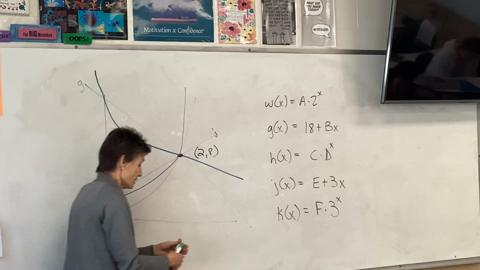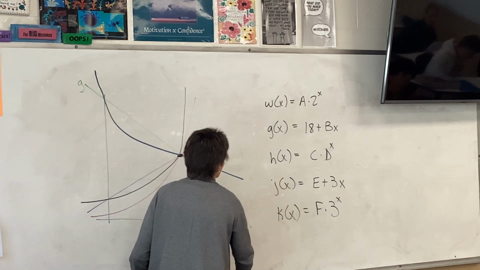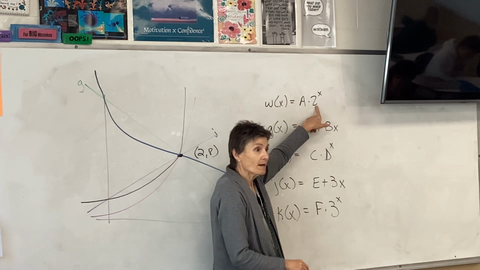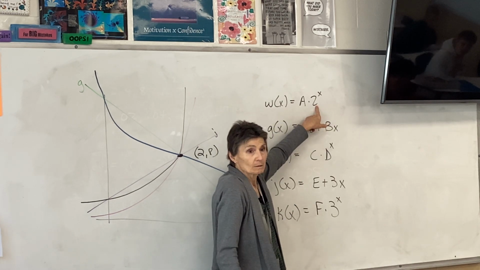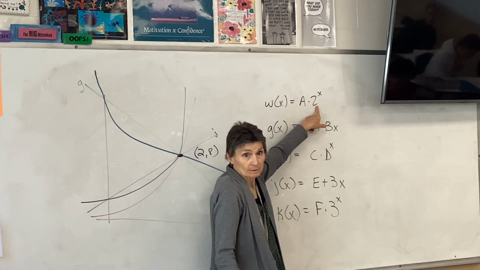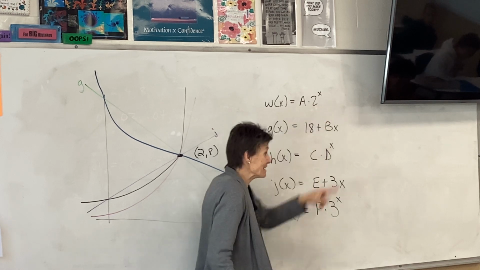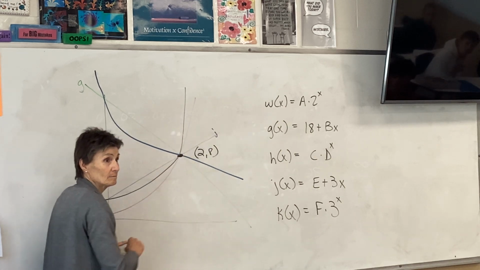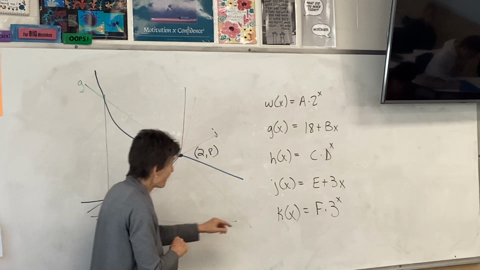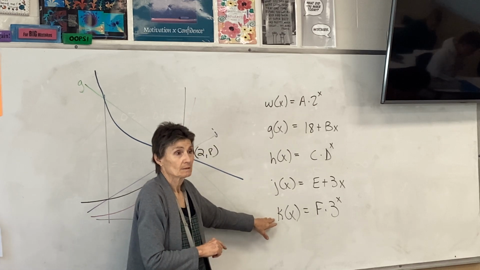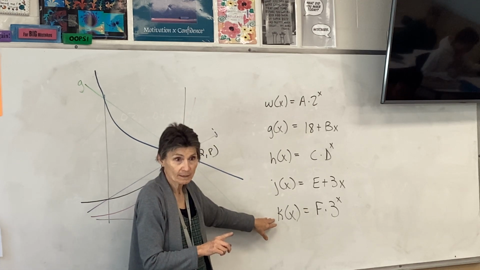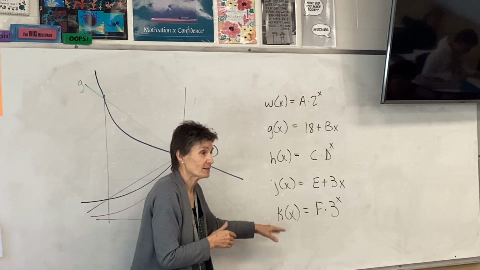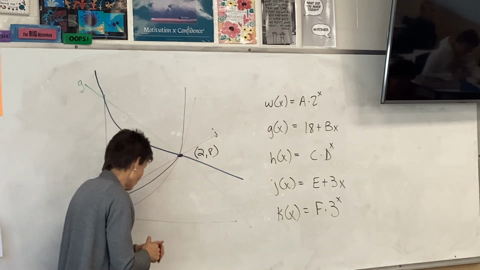So, Drew says, look at W, for example. What does that tell you? It's growing. So doesn't it have to be either my black or my pink? Well, what about this guy? Isn't he also growing? Okay, so he's either black or pink. Now, how am I going to decide which one's black and which one's pink?